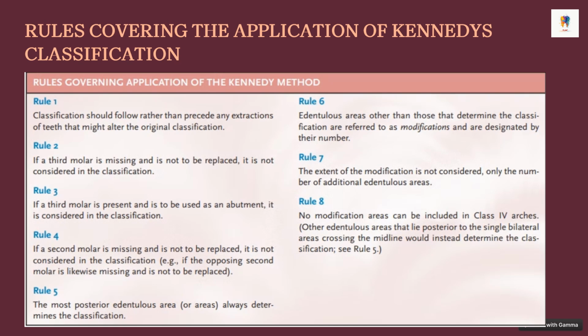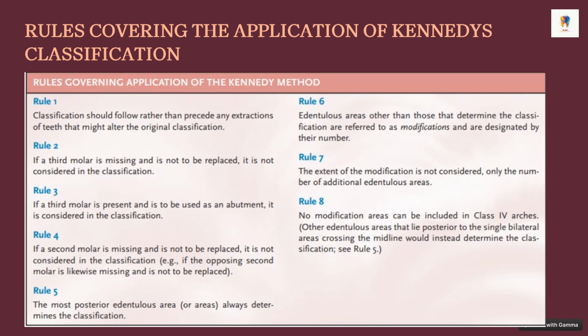If there is a class 4 arch, if there is a patient who has bilaterally missing anterior teeth and no other edentulous area, then you can consider it class 4.